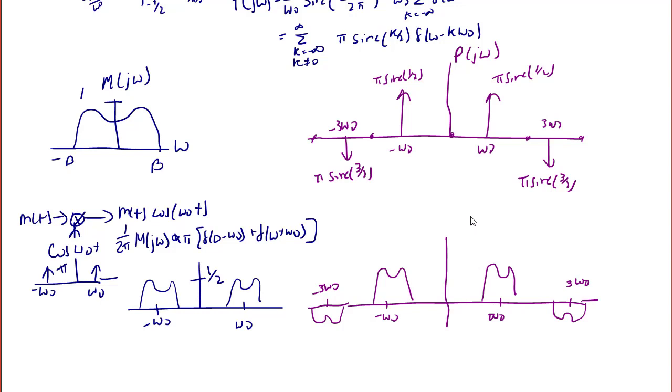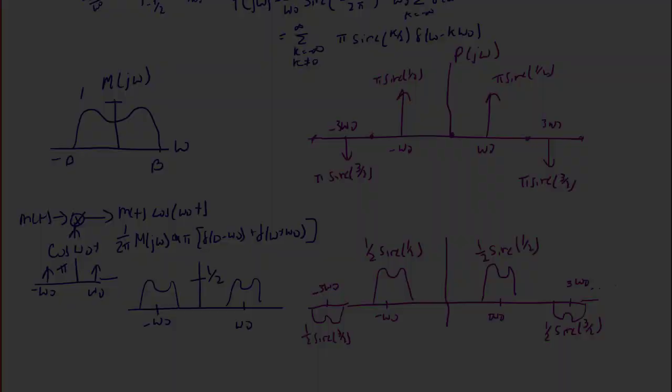So the copy here will be 1/2 sinc 1/2. The copy here will be 1/2 sinc 1/2. And the copy here will be 1/2 sinc 3/2, and the copy here will be 1/2 sinc 3/2, and so on.